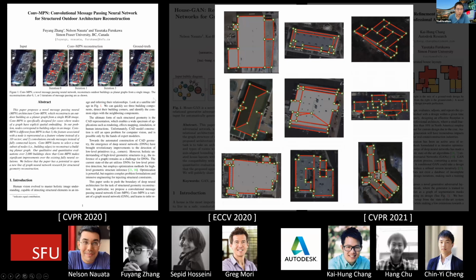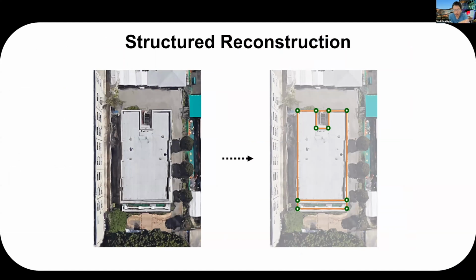And this paper actually tackles a reconstruction problem, a structured reconstruction problem, instead of a generation task. So I want to use this reconstruction task to deliver this message, when and how you should use a GNN. This task is: you're given an image and then generate, say, a graph representation of a building like this.